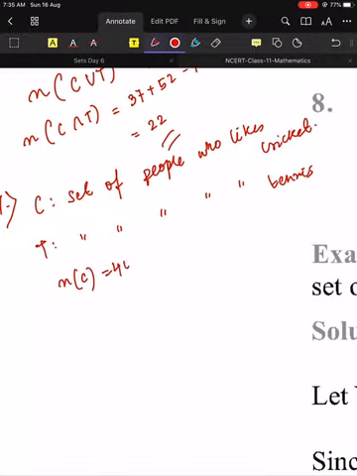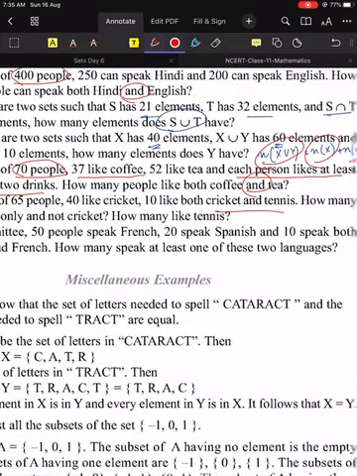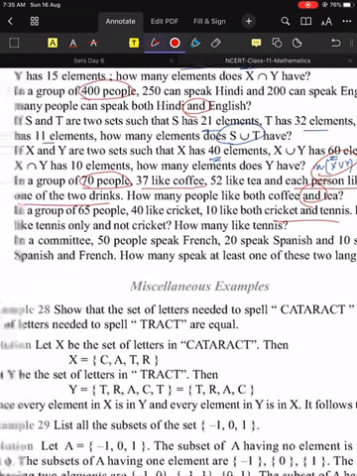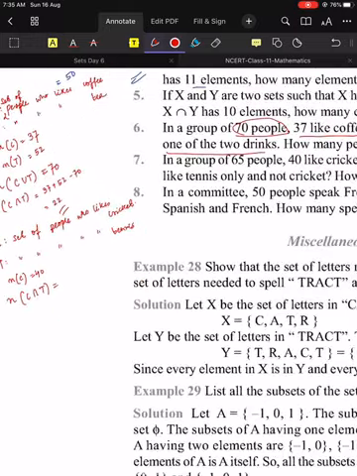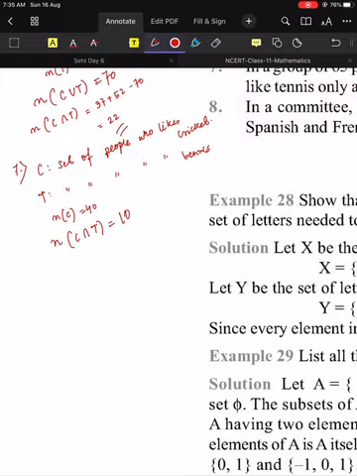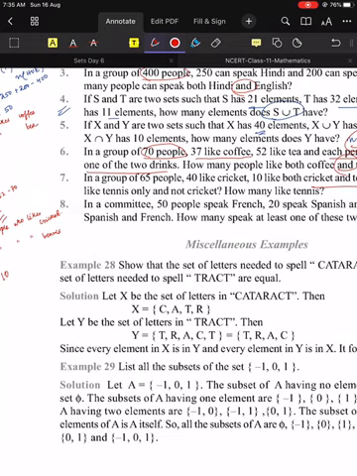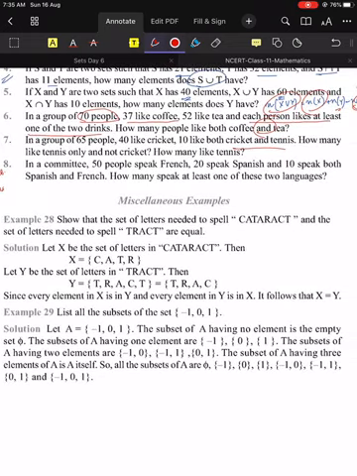NC is equal to 40. Then people who like both cricket and tennis: N of C intersection T is given, and it was 10. Then we have to find how many like tennis only and not cricket, and how many like tennis.